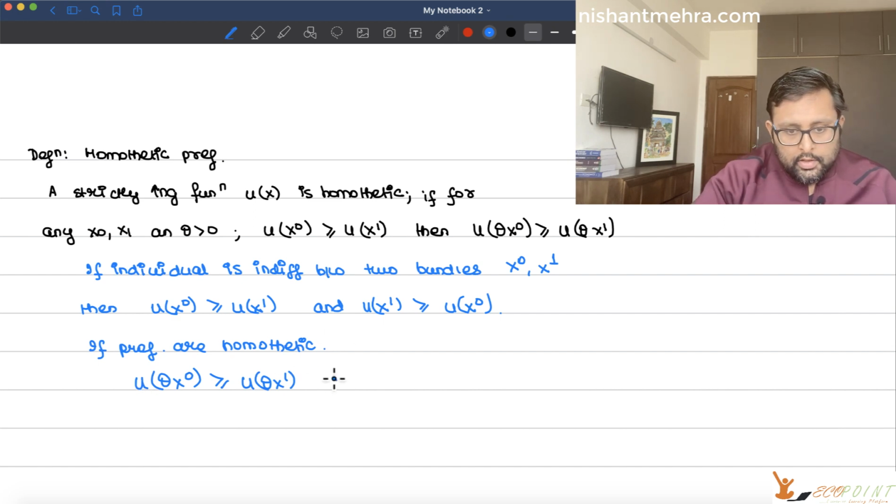And at the same time, u of theta x1 is greater than or equal to u of theta x0, right?